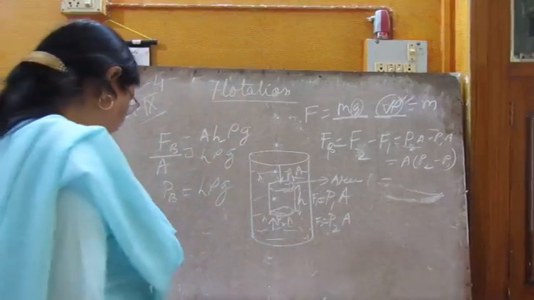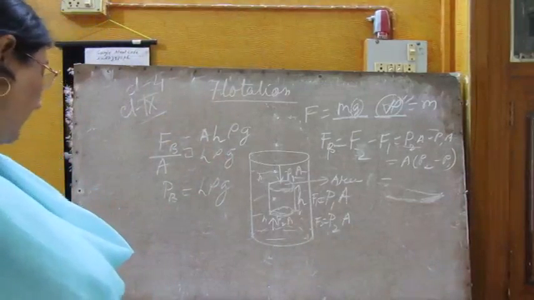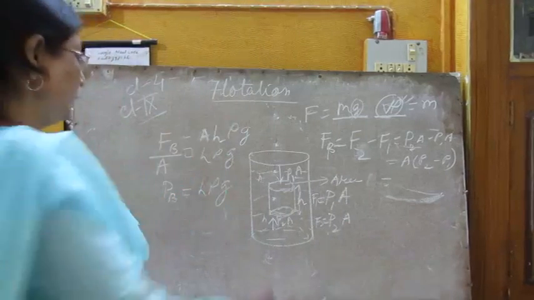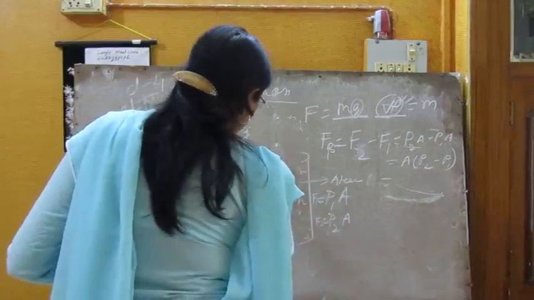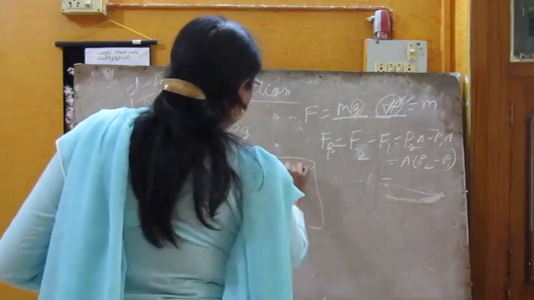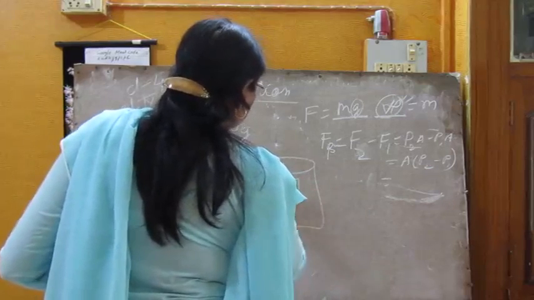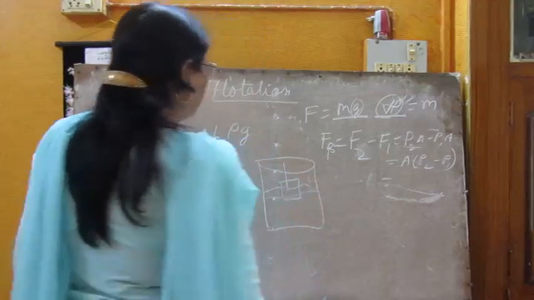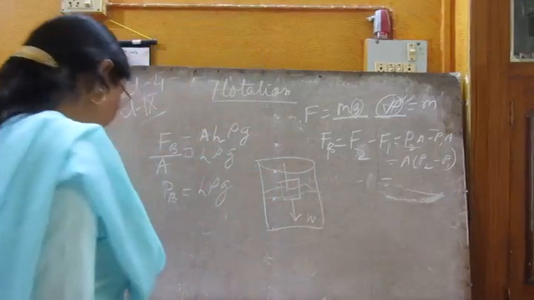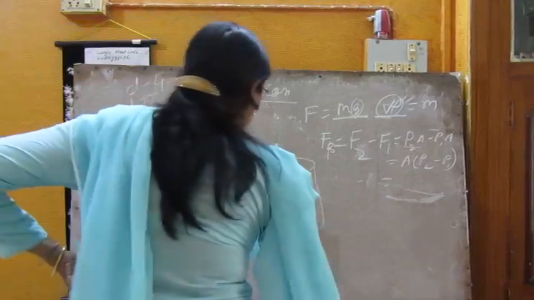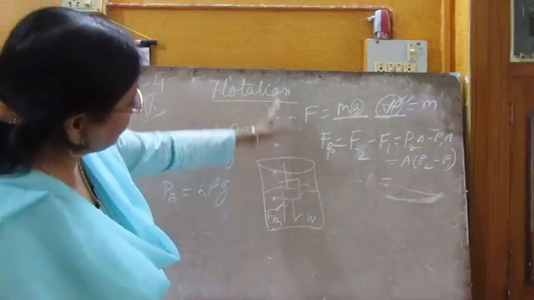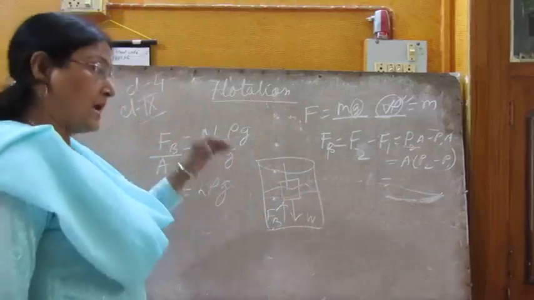Now the principle of flotation: the weight W of the body acts downwards if I immerse an object inside a liquid or a gas. And the upthrust FB acts upwards.